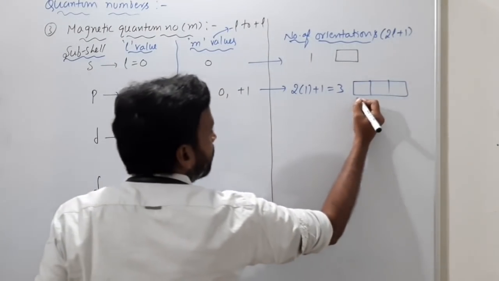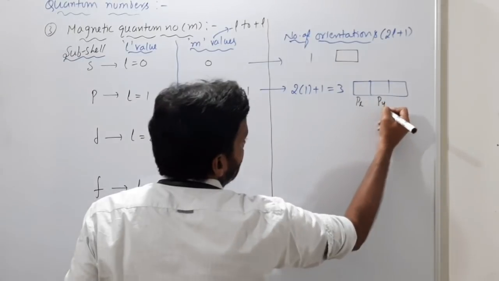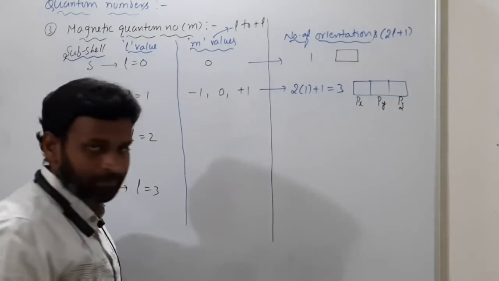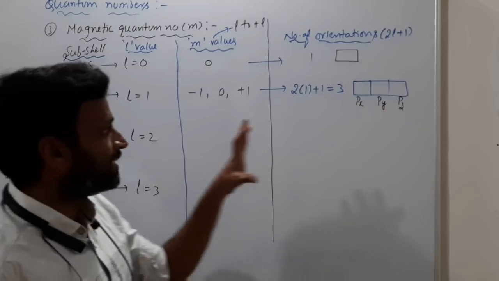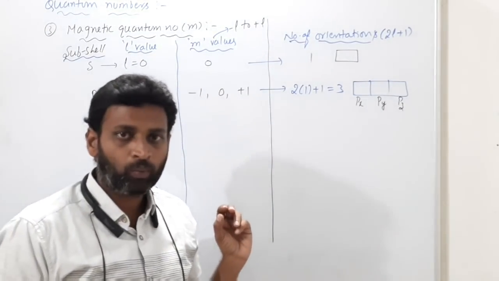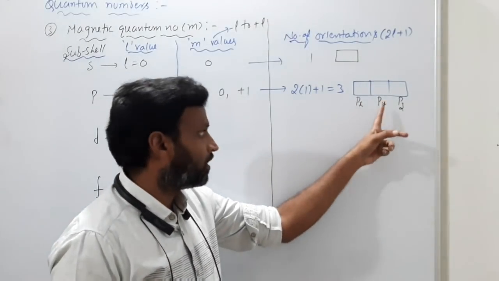What do we call them? Px, Py and Pz. So there are 3 orientations: one is Px, one is Py, one is Pz.